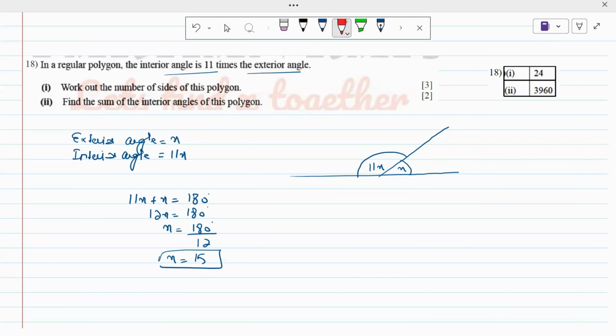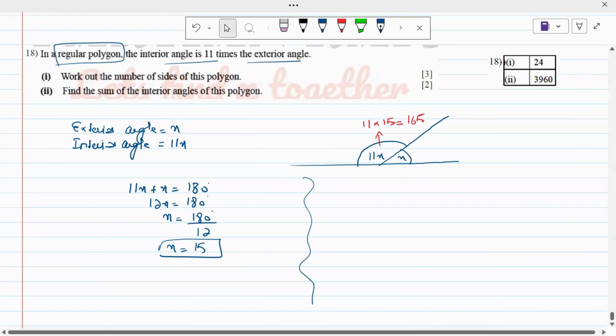But the interior is 11 times x. So interior would be 11 times 15, which is equal to 165. So that means each interior is 165, and to find the number of sides, since it's a regular polygon, we'd use the interior angle formula for the regular polygon.